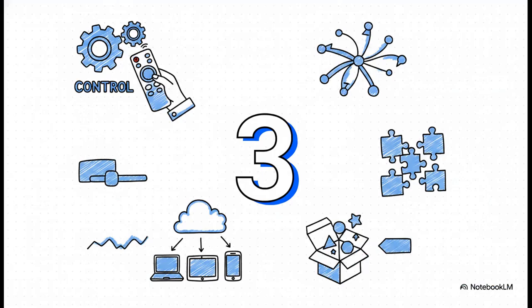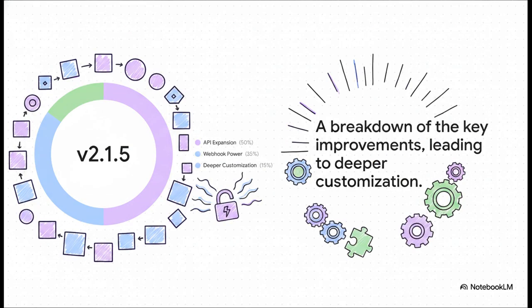So when you combine these new tools, what you end up with is a platform that's been fundamentally redefined in three core areas. This chart gives us a great snapshot of where the team put their focus. As you can see, a full 50%, half of the entire effort, went into that massive API expansion we talked about. Then, another big chunk, 35%, went into beefing up the power of webhooks.